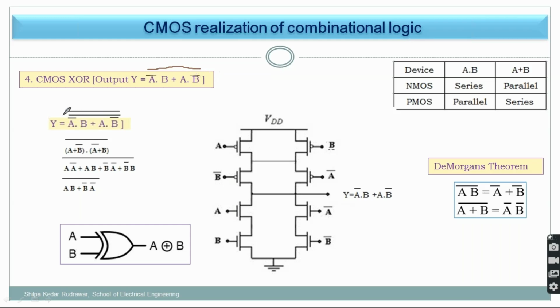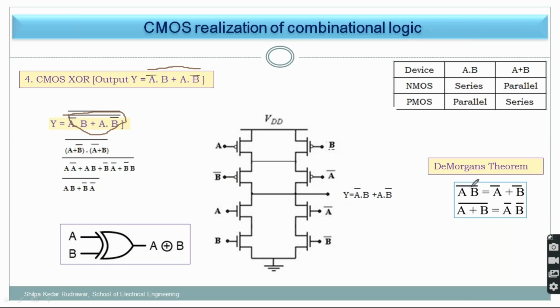Now I need to solve only this particular equation. I want this complement to be there, because CMOS logic always implements inverted logic. So I am solving only one complement and this particular equation. As I told you in the previous lecture, I am not going into detail because you covered De Morgan's theorem in first year.